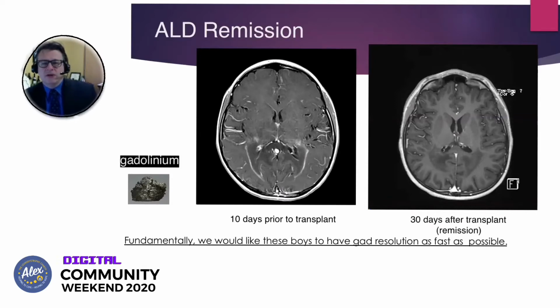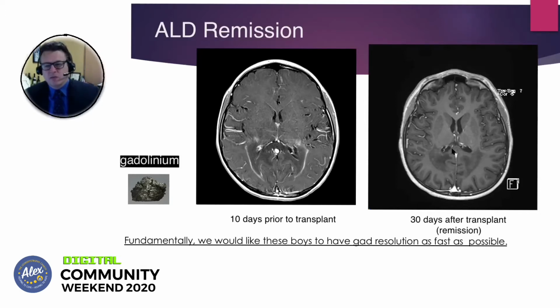So let's talk about the goal of bone marrow transplant in cerebral ALD, and the goal is really to get the cerebral ALD into remission. So as I mentioned earlier, in the active cerebral disease state, we do an MRI and look at the T1 sequences, and you see this garland ring of enhancement from the gadolinium. And this is a boy 10 days prior to transplant.